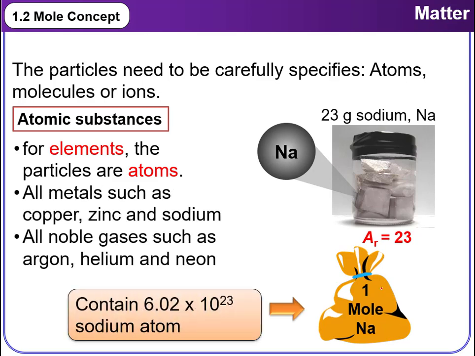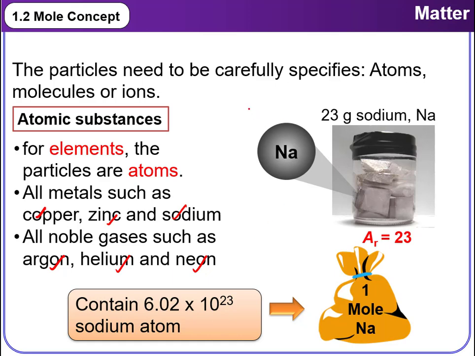So atomic substances. For elements, the particles are atoms. All metals such as copper, zinc, and sodium have atoms as the particles. All noble gases also, such as argon, helium, and neon, are in the form of monoatoms.